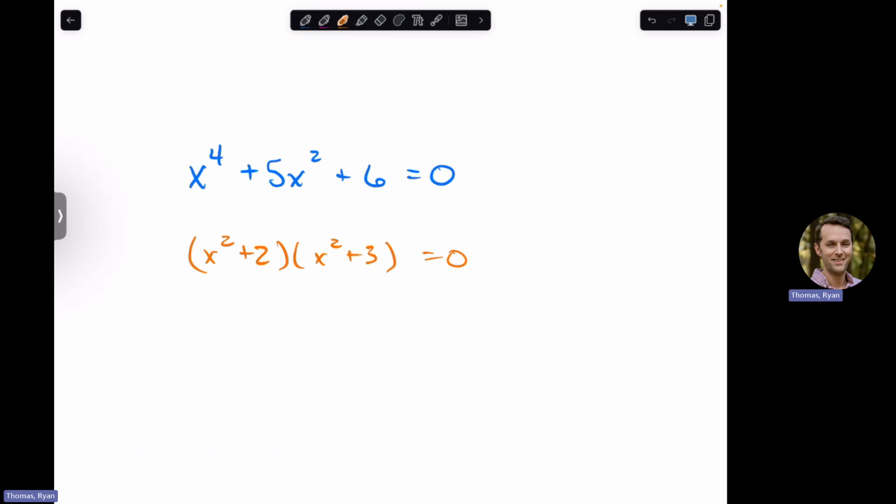Yeah, or quadratic formula, but you're solving for x squared. Yeah, either of those would work to do that.